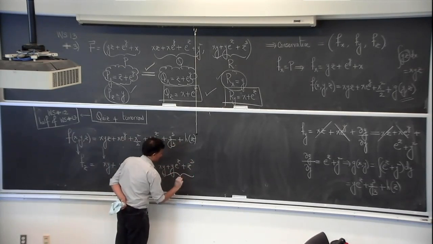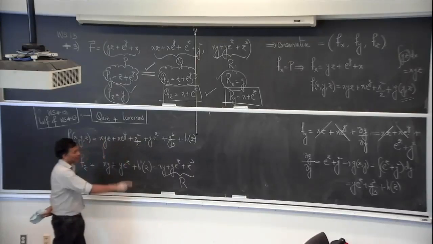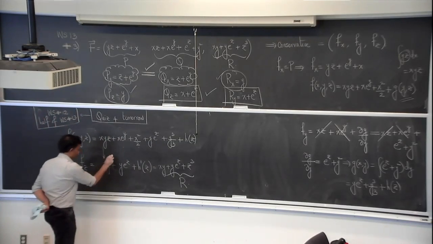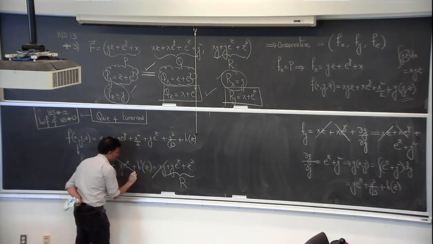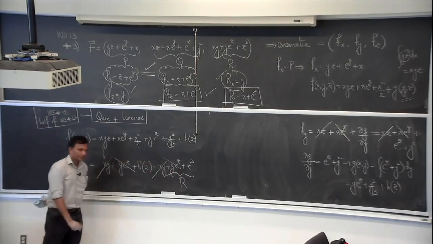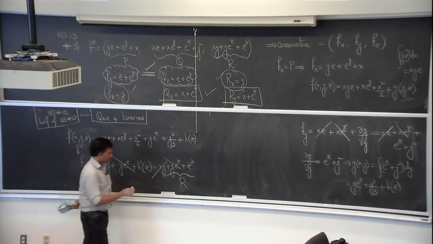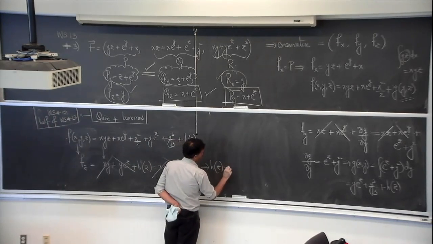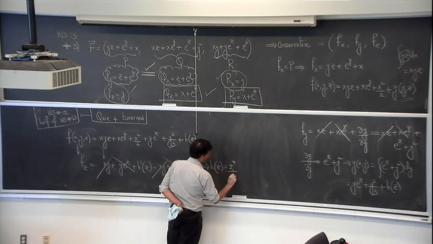Okay. I know you've forgotten the starting problem, okay, that vector field had a third component, which is r. Again, happily cancel these. H prime of z is z to the 3. So h of z is the antiderivative, which is z to the power of 4 over 4.